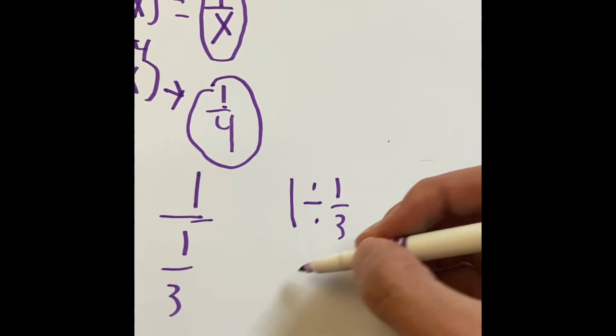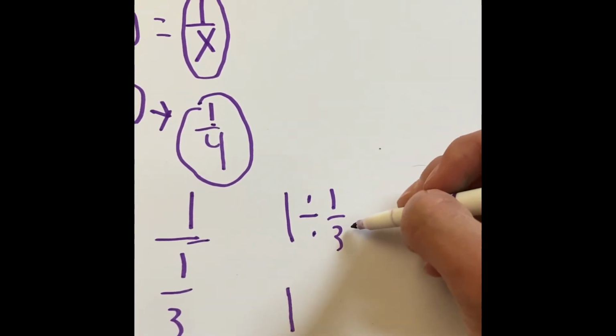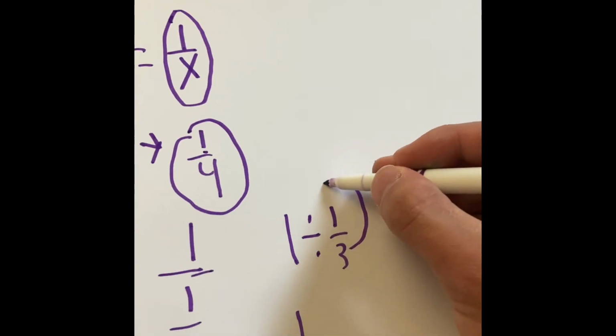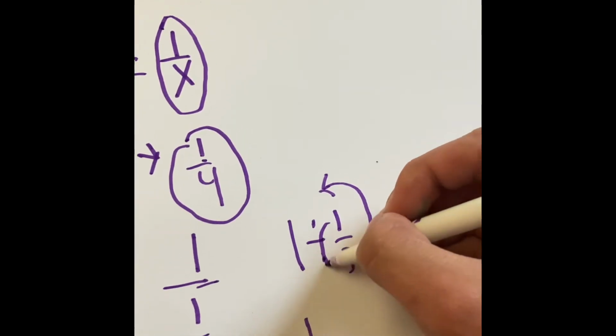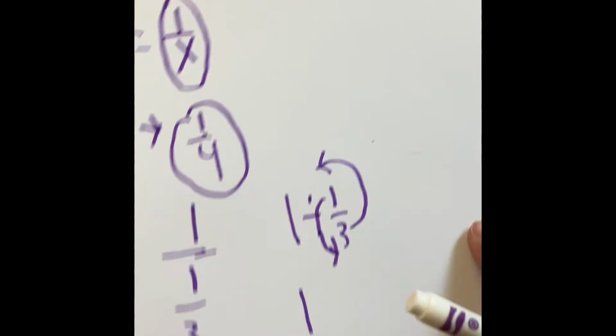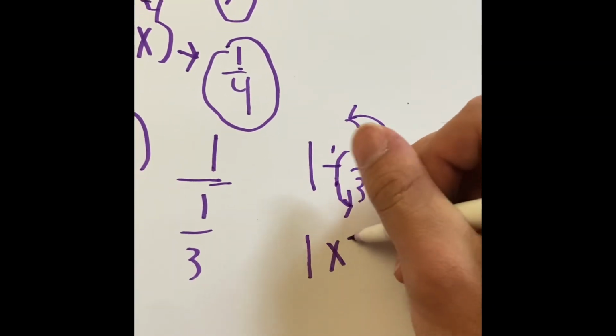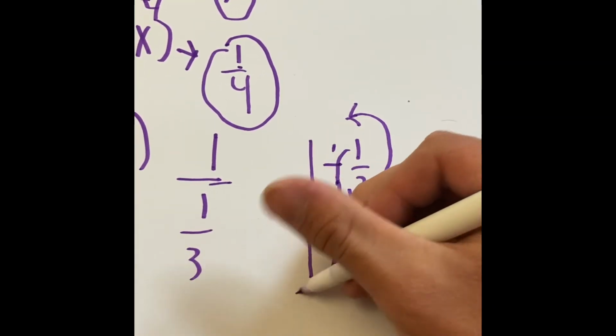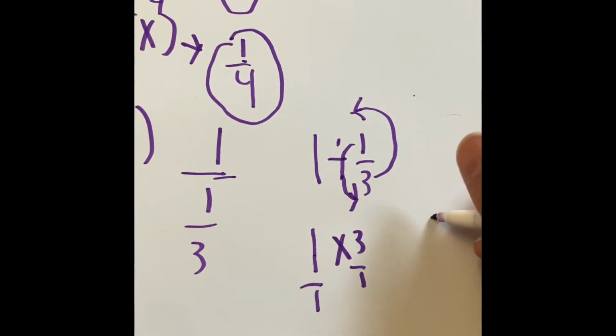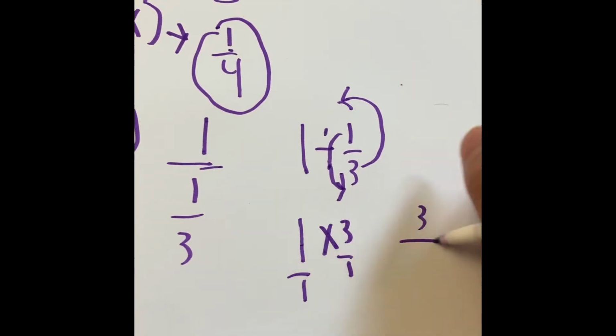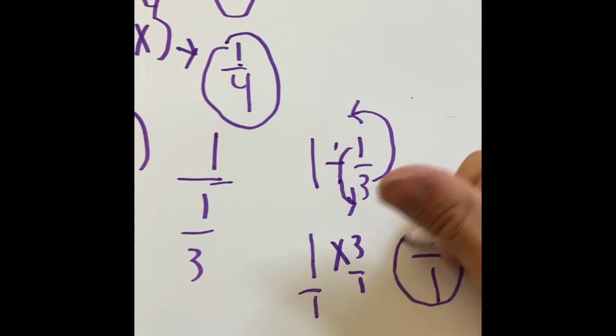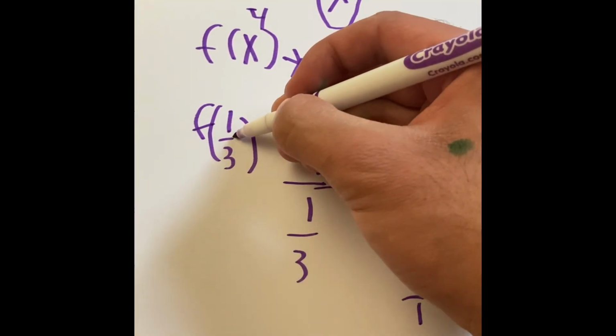When we solve this, we multiply by the reciprocal. So switching this 3 to the top and this 1 to the bottom, 1 multiplied by 3 over 1, 1 times 3 is 3, and 1 times 1 is 1. So 3 is our answer when we have this right here.